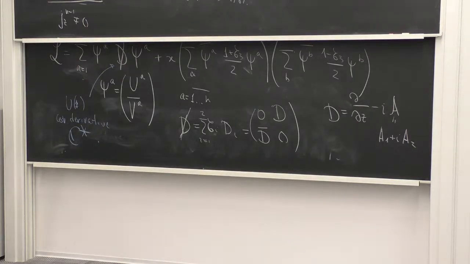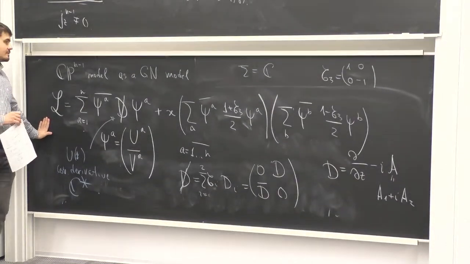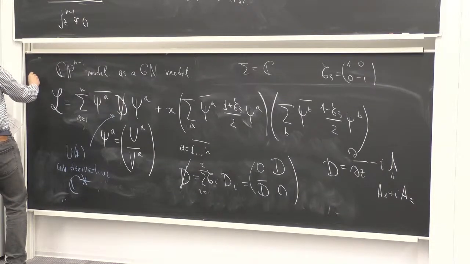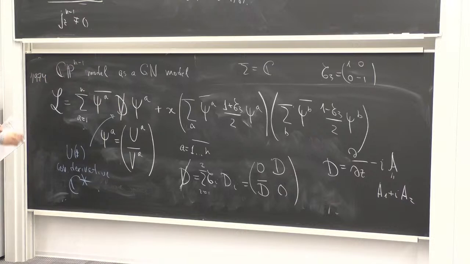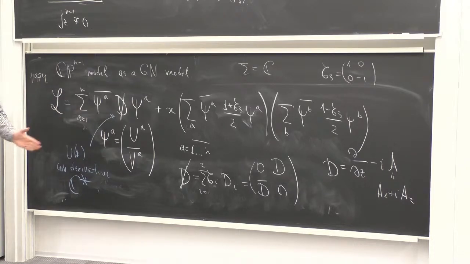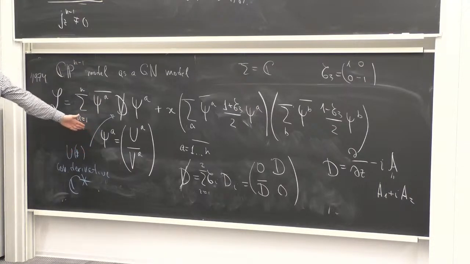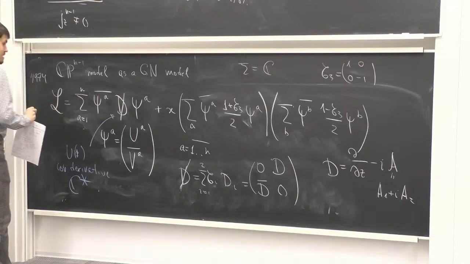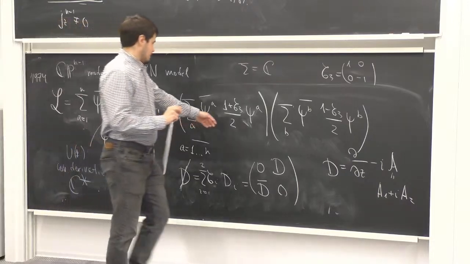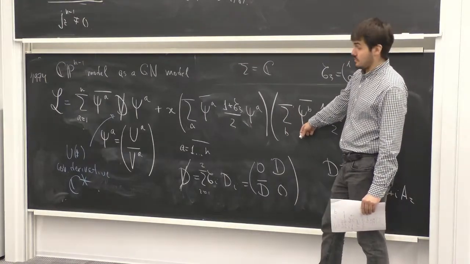Okay, but the difference from the usual: this is what is called the Gross-Neveu model. It's known since the 70s, maybe 1974, even earlier than the CPN model. But back in the day, people studied this as a fermionic model. So these psi's were anti-commuting variables. Here, instead, we will postulate that these are commuting variables. So these u and v are just commuting bosonic fields. And the claim is that this is explicitly equivalent to the CPN sigma model.